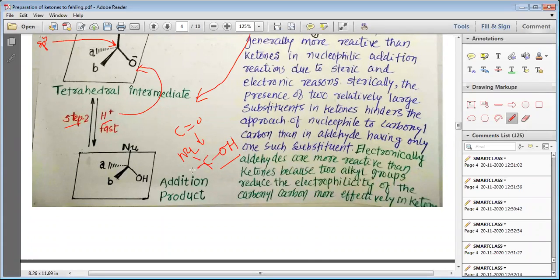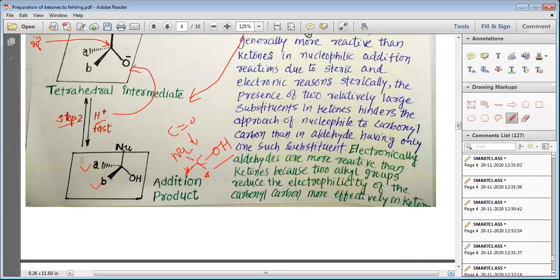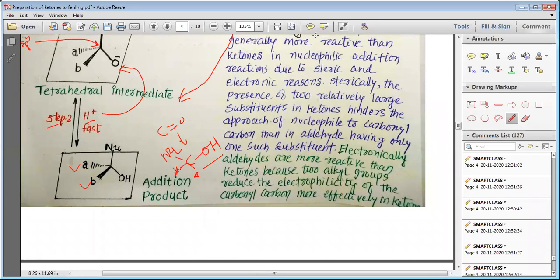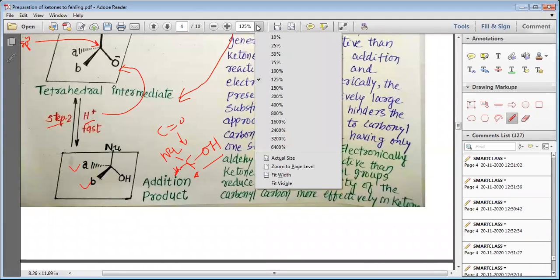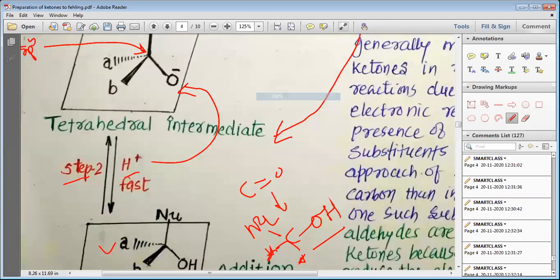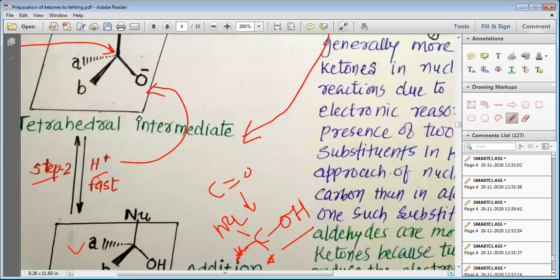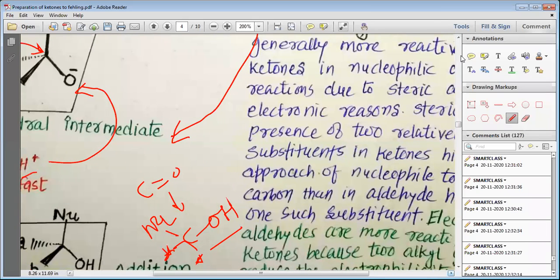Those two groups bonded here, which we represented as group A and B, remain the same, but the carbon now combines with the nucleophile and the oxygen is converted into an OH group or hydroxyl group. This is the simple mechanism by which we get the nucleophilic addition reactions given by aldehydes and ketones.